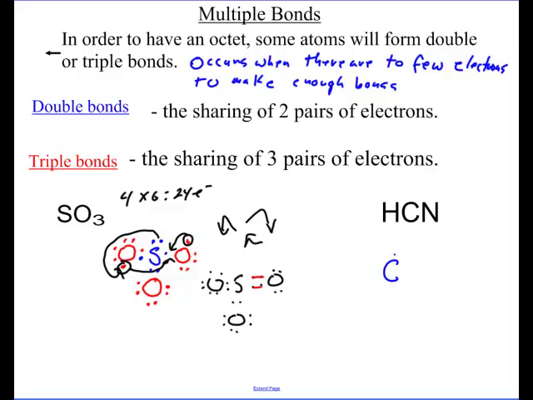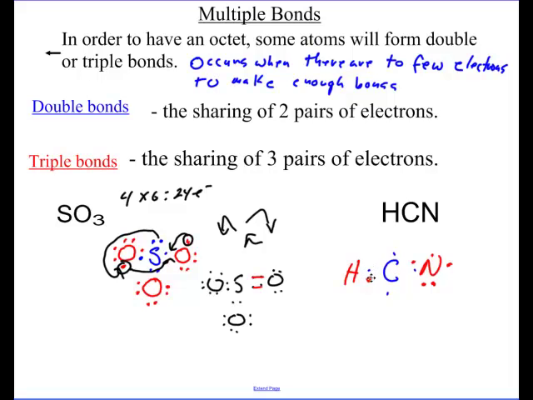All right, so let's do carbon. Here's carbon with 4 valence electrons, right? Here comes nitrogen. How many? 5 valence electrons. 1, 2, 3, 4, 5. Okay? And then here comes hydrogen with its 1 valence electron. All right? So look what we have. We have a slight problem. This nitrogen has 1, 2, 3, 4, 5, 6. Not good enough. This hydrogen has 2. That's good enough.